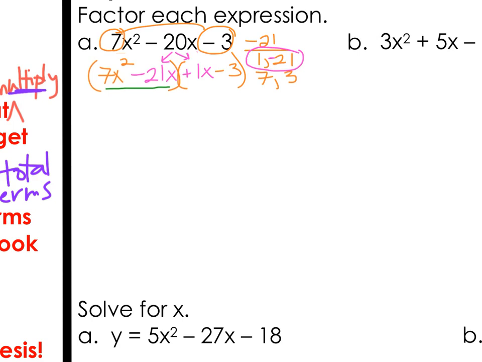My common factor is going to be 7 and x. If I take 7x out of just those 2 terms, 7x out of 7x squared, we'd still have an x left over. And if I take 7x out of 21x, the x goes away, 7 goes into 21, there'd be a 3 left over.